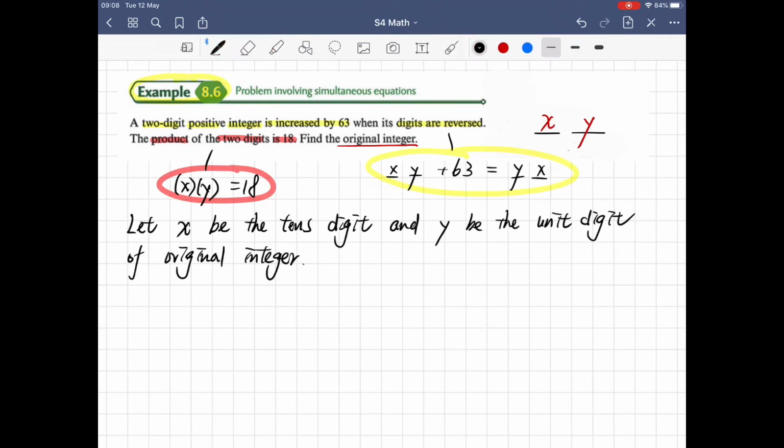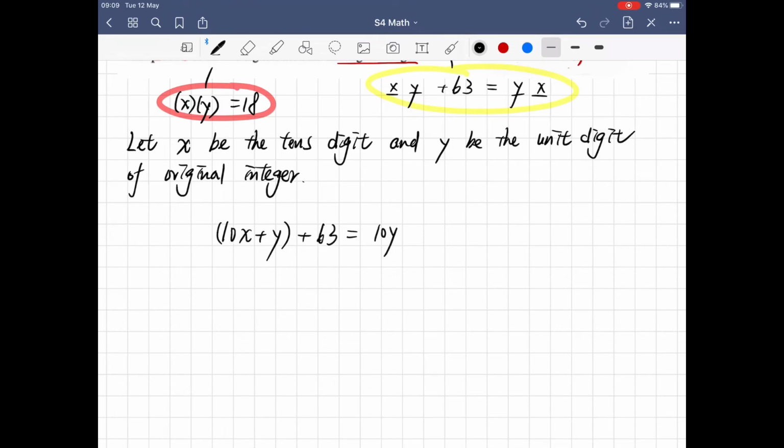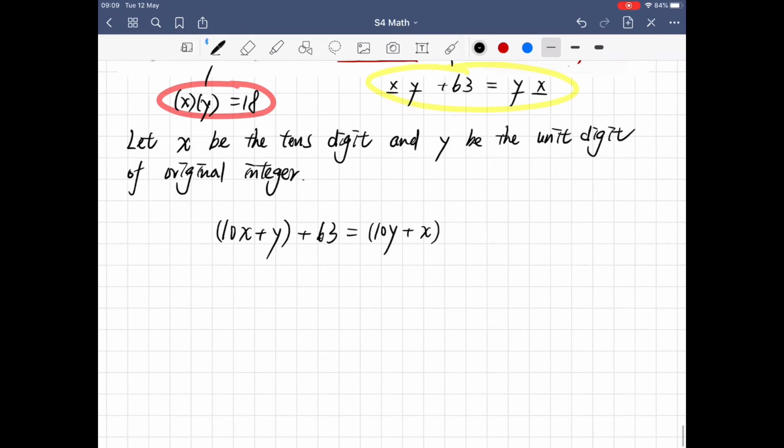Okay, after getting the information, we have to write it into equations. For the first one, the yellow one, although it is xy, when we represent it as a number, as x is the tens digit, we have to multiply x by 10. 10x plus y, this is the value, plus 63 equals 10y plus x. Then we do the simplification.